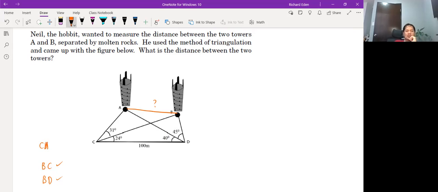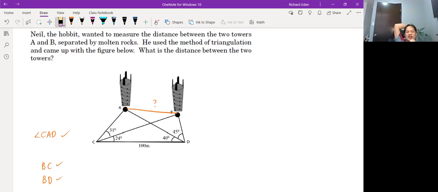What is BAD? We already found what CBD is. So we are just lacking CBA. Since we already found what CAD is, we need BAD. I'm going in a circle.